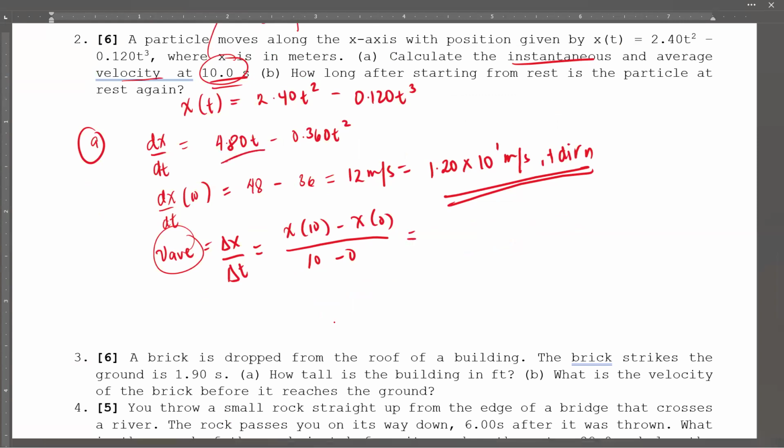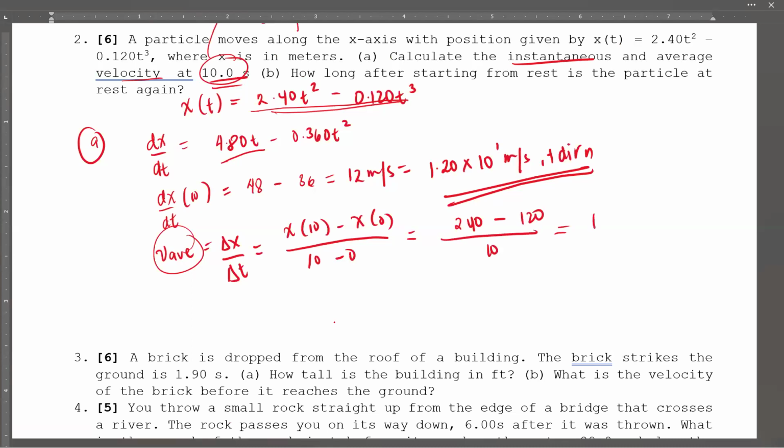So we plug in 10 here. So you have 2.40 times 10 squared. So that's 2.40 times 100. That gives you 240 minus 10 cubed is 1000 times 0.120. That gives you 120 over 10.